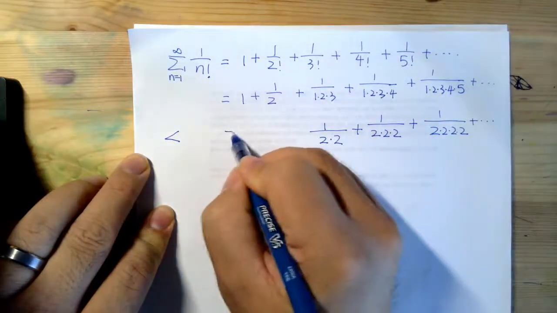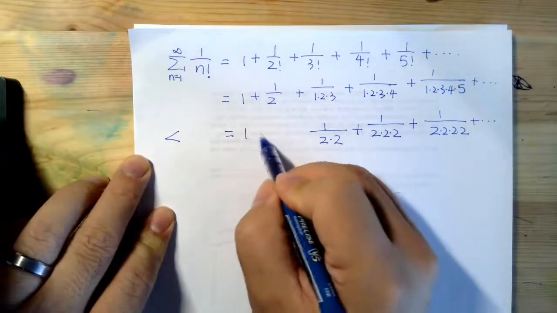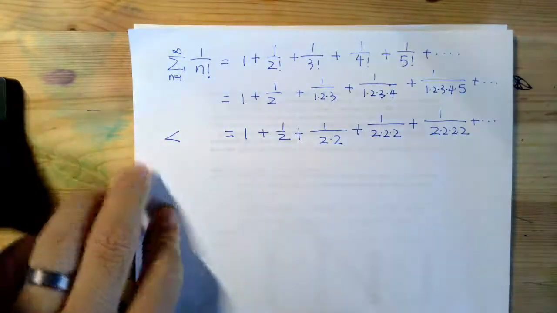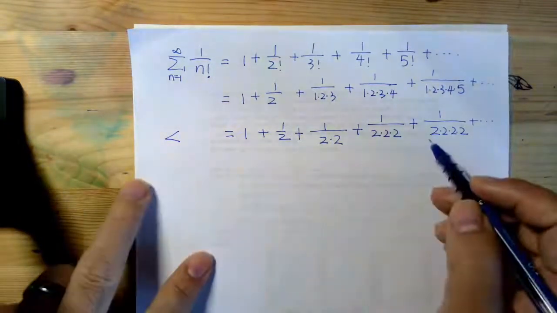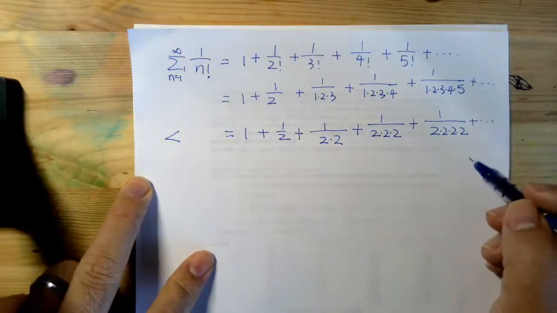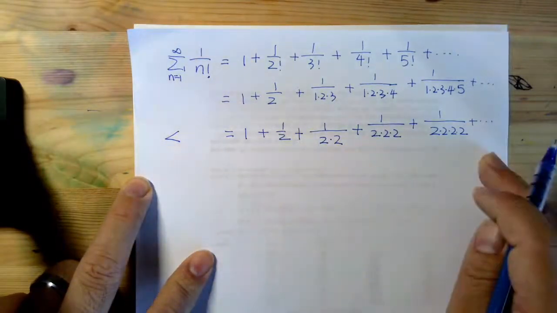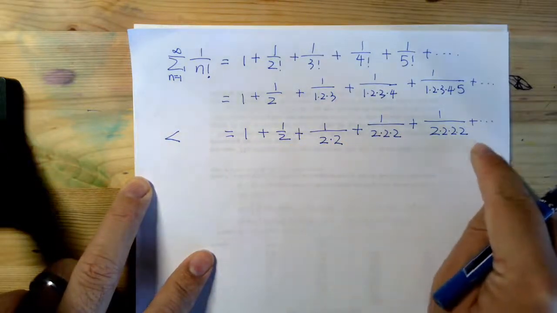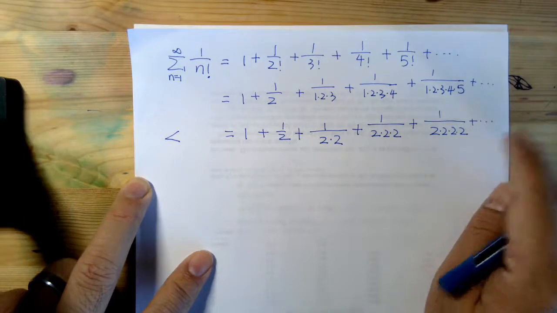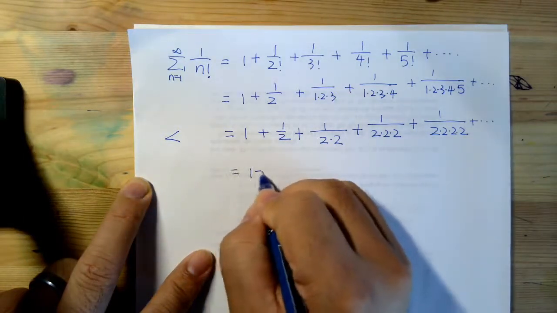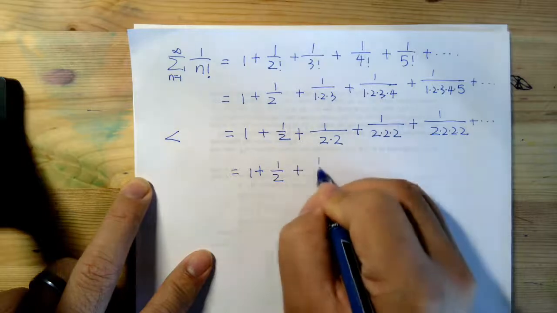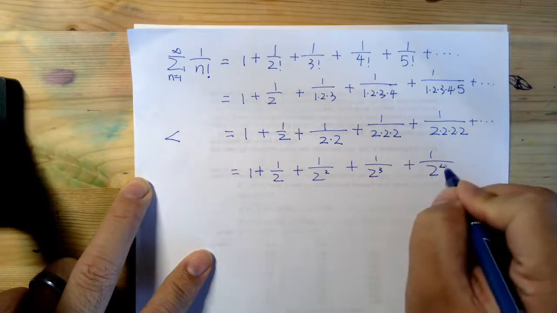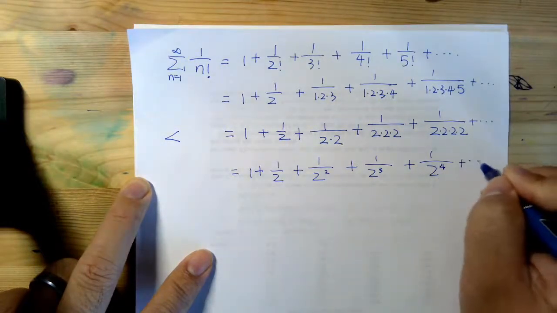Okay. And of course, our series here, let me put this 1 plus 1 over 2 here. Now, guys, this inequality relationship is always true. But look at what we have here. Do you realize that this actually is a geometric series, right? Because this equals 1 plus 1 over 2 plus 1 over 2 squared plus 1 over 2 cubed plus 1 over 2 to the power 4, and then dot dot dot.